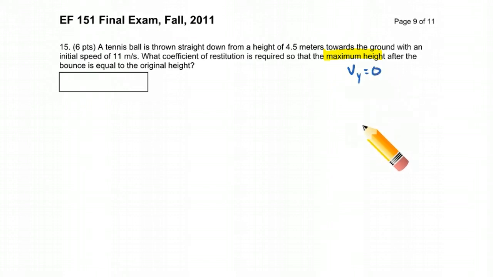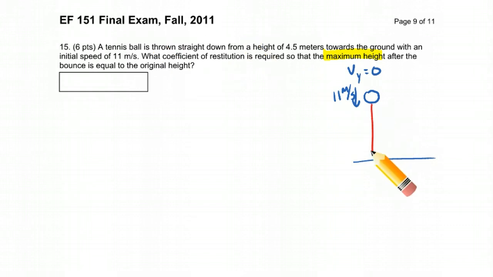y velocity is going to be 0. To draw a quick sketch, we have a tennis ball starting up here, 11 meters per second. Okay, and it's at a height of 4.5 meters. So we'll draw our height in here.